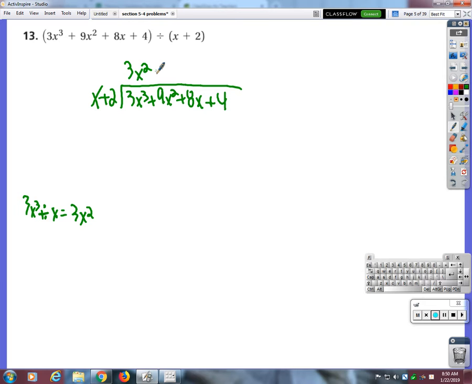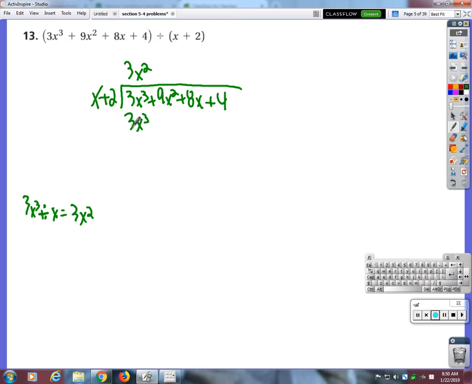Now what? Well, to find out what I'm going to subtract, I have to multiply this by those two things there first. So 3x squared times x is 3x cubed, which is what we wanted.